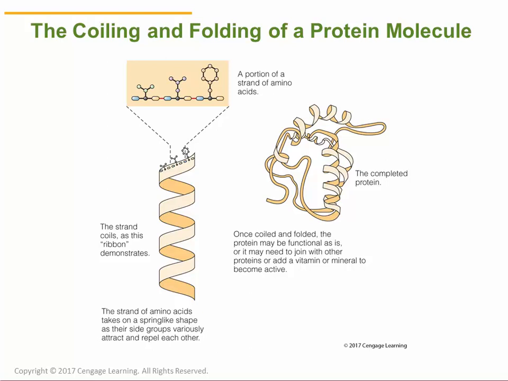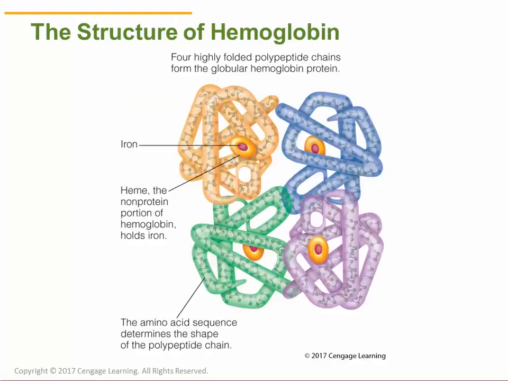I don't care that you know this. This just shows you how they attract, how they may repel, etc. So how they can come and join and make other proteins by joining these amino acids together. This is actually the structure of hemoglobin. And what's the purpose of hemoglobin in the body? To do what?